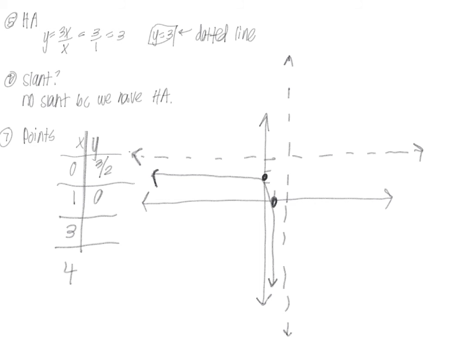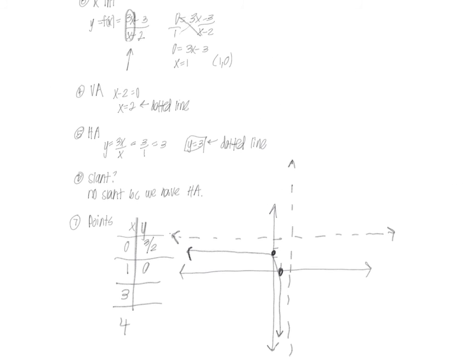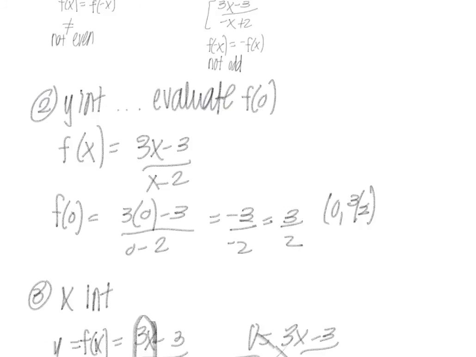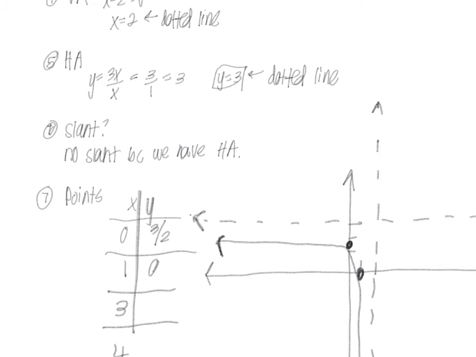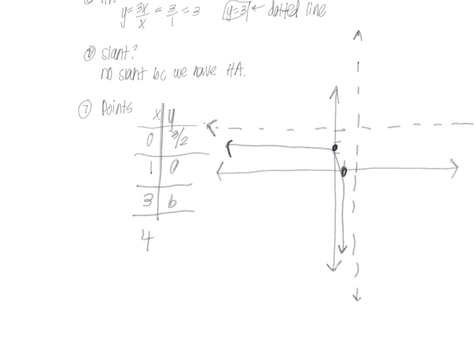If I plug 3 into the original function, 3x minus 3, so 3 times 3 is 9, 9 minus 3 is 6, and then 3 minus 2 is 1, so I get a value of 6. And if I plug 4 into the original function, I get 9 over 2, or it'll be easier to think about it as 4.5.